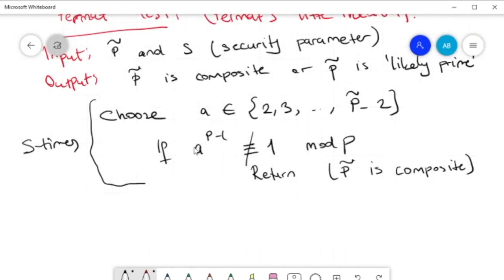If for every A it is 1, then we return that P is likely prime.